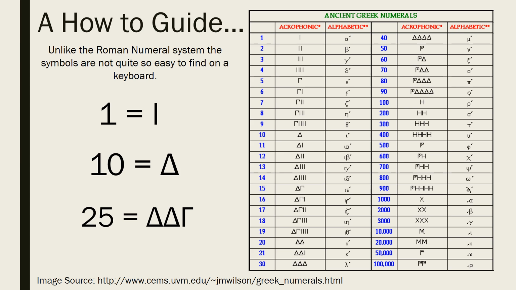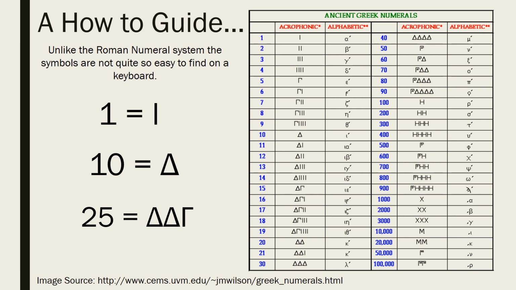But if I were to do the alphabetic version of all of these, it would be hard to create an easy form for everybody to understand. So I decided to break it down into the various obvious symbols. So 1 has the tally mark, 10 has the triangle, which is called a delta, and 25, using the additive property, is 2 deltas and then a penta symbol.